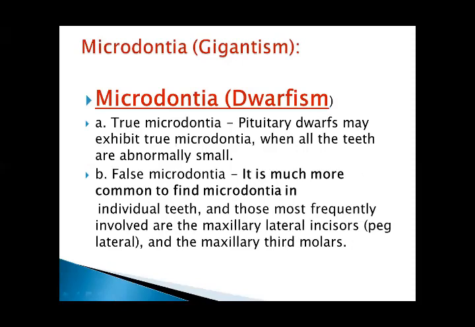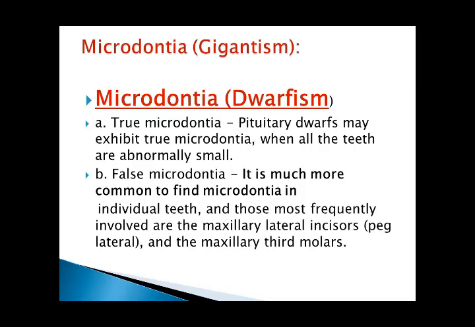Next is microdontia. Earlier was macrodontia, which is large size, and the second is microdontia. In pituitary dwarfism, patients may exhibit true microdontia when all teeth are abnormally small.